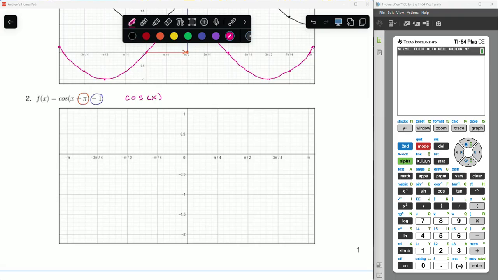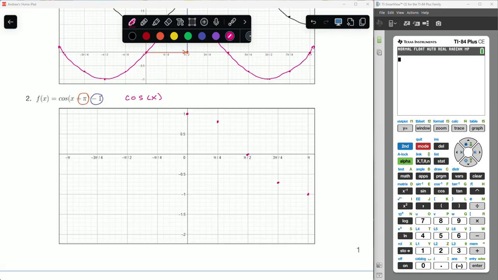So we'll start with cosine. Cosine starts at a peak, so it starts at 1 and then comes down. So 0.7, 0, negative 0.7, negative 1, and we get the same on the other side.